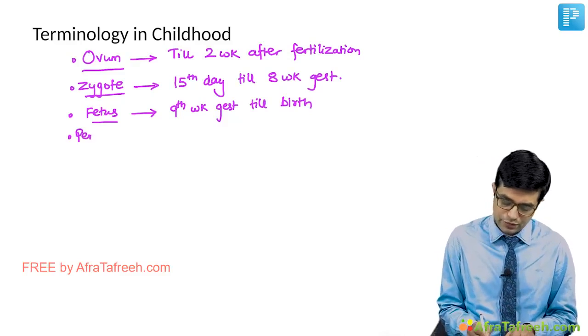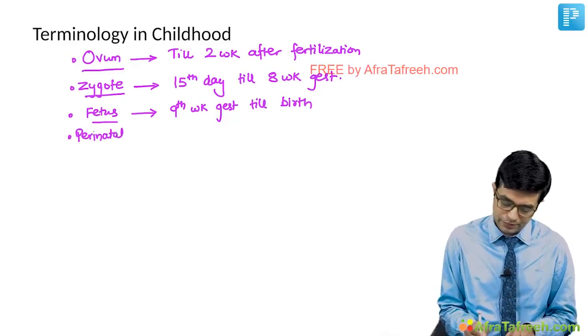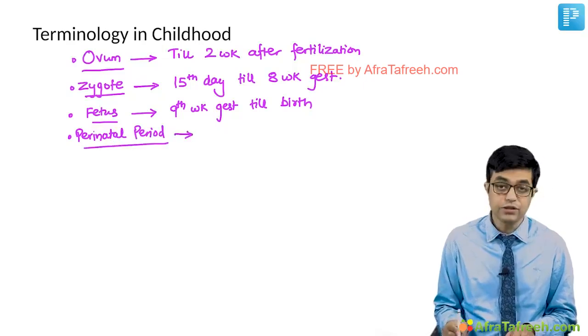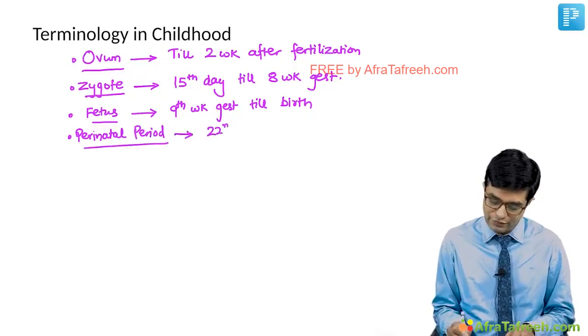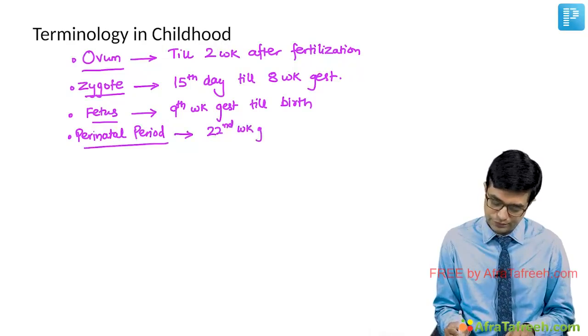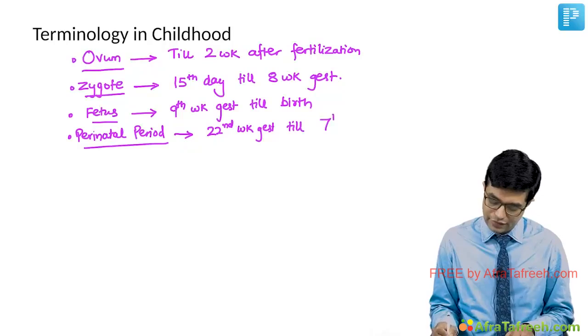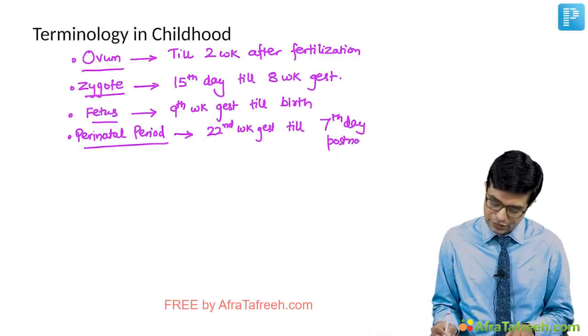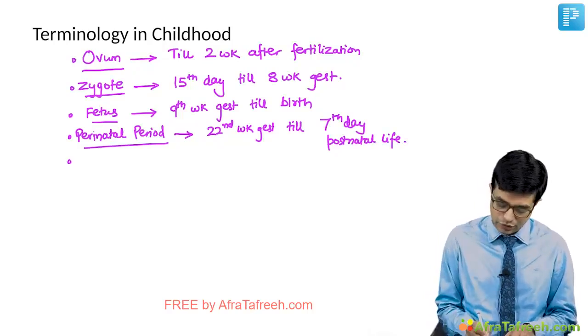Then you have the term called perinatal period. The term perinatal period is used from 22nd week of gestation till 7th day of postnatal life, that is after birth. Then you have a newborn or a neonate.